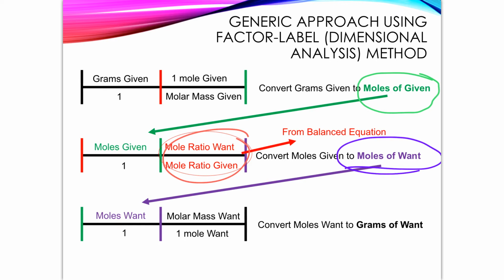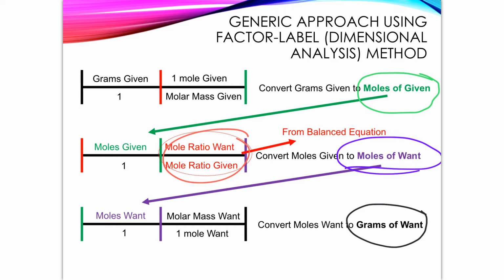Moles of want, converting back to grams of want using the molar mass. And at the end of that calculation, you get your grams of want. So there are 3 separate calculations that you could do in series, making sure that you take the answer from each calculation and plug it in as the start point of the next equation.